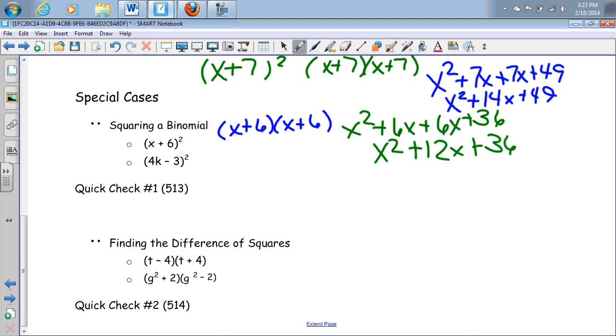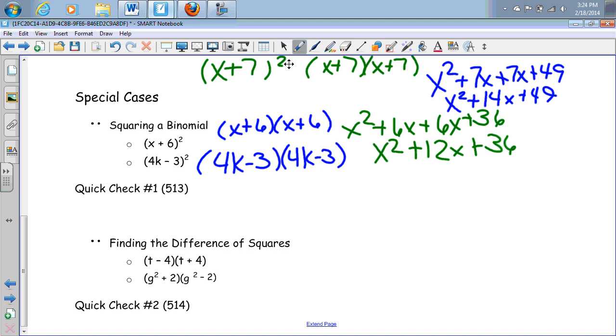But what happens if I have a coefficient and my general binomial is ax minus b? Okay, I have a coefficient in front of that first term. So still the same, I'm still taking 4k minus 3 times 4k minus 3. Okay.